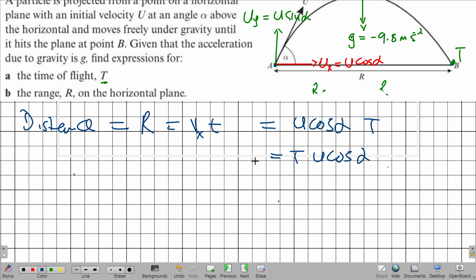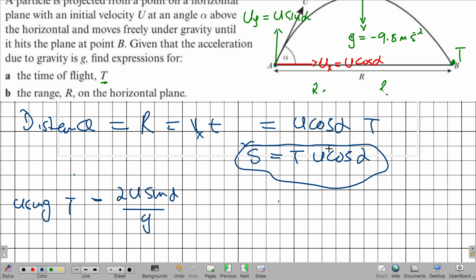So the distance here, or I can call it s in this case, should be defined as s is equal to Tu cos alpha, and using T equal to 2u sine alpha over g as proved above, this further implies that s, which is equal to 2u squared sine alpha cos alpha, all over g.